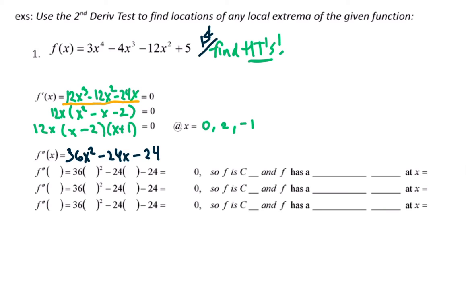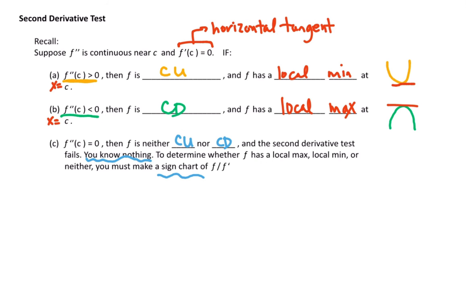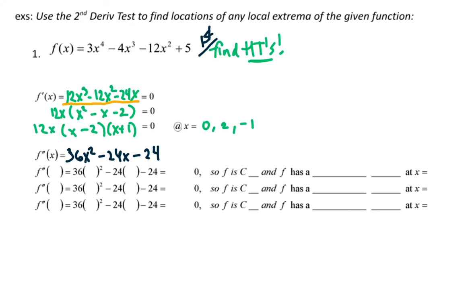Now, remember what the second derivative test says. I want to check to see if f double prime is positive or if f double prime is negative. So that's what I'm doing in this second step. I'm taking the second derivative, and then I'm going to plug in the places where I have my horizontal tangents. So I'm going to plug in 0.